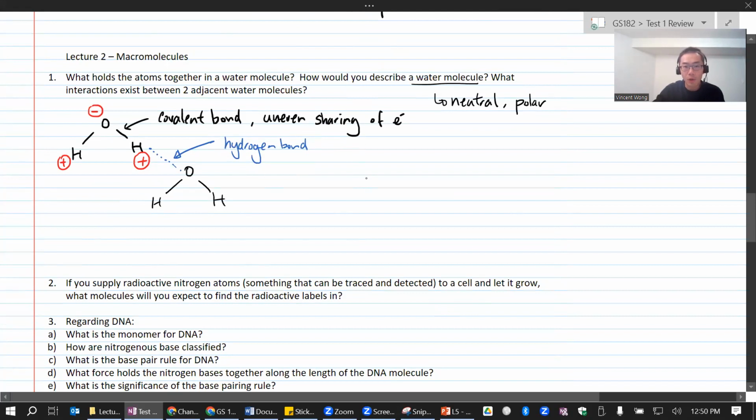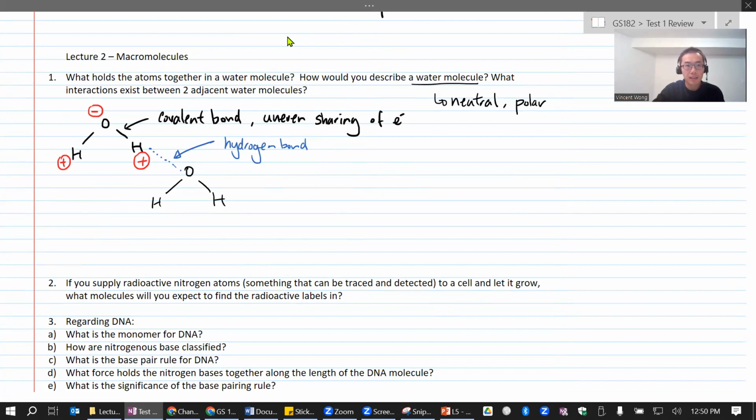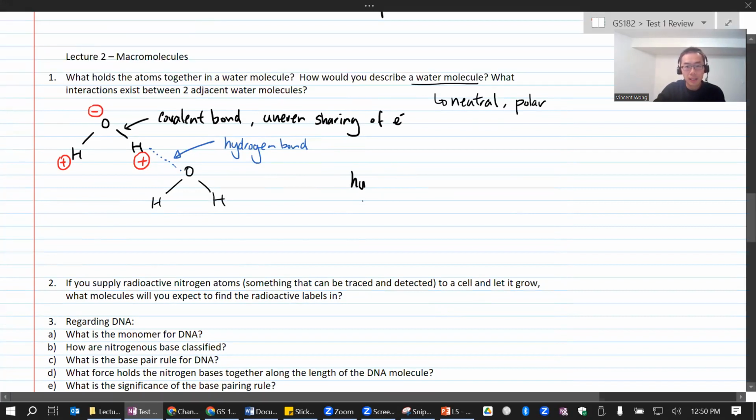Anything that dissolves in water is hydrophilic, and the opposite is hydrophobic. So hydrophobic would be like oil, wax. Hydrophilic would be like sugar, salt.